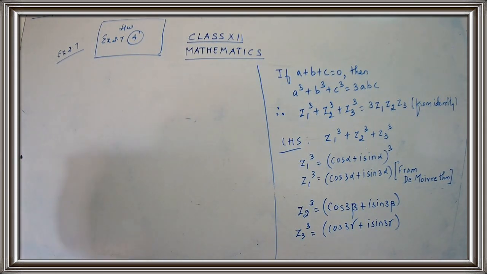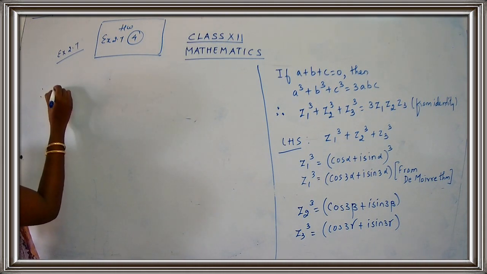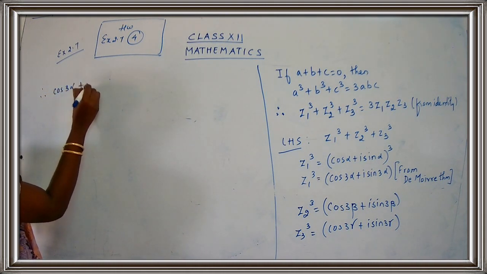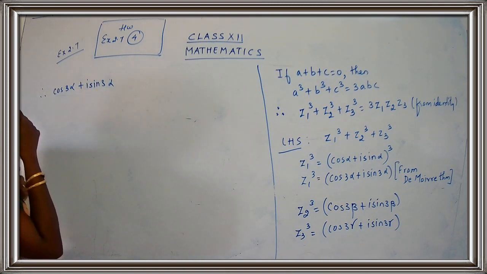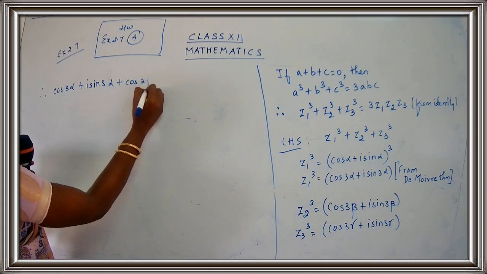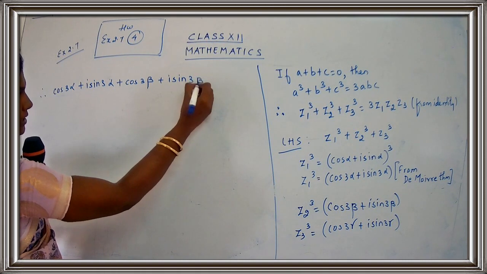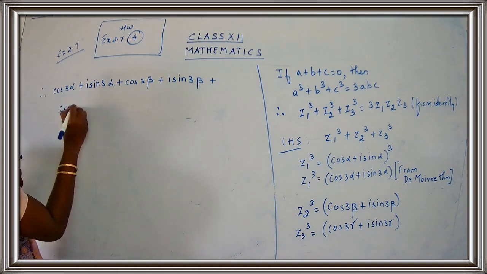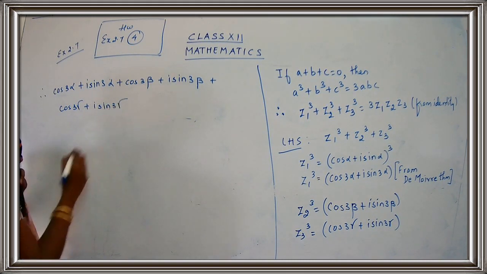Write down the value for LHS, children. What do you get here? So therefore, cos 3 alpha plus I sin 3 alpha plus cos 3 beta plus I sin 3 beta plus cos 3 gamma plus I sin 3 gamma. So this is the LHS.